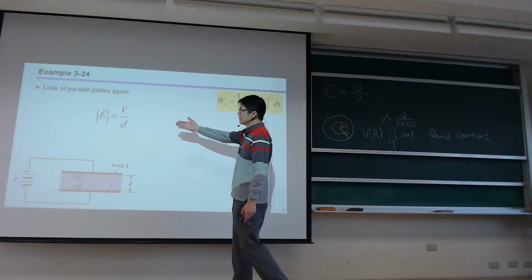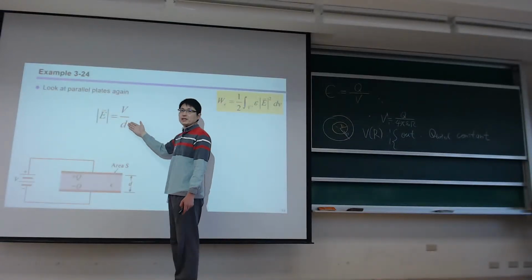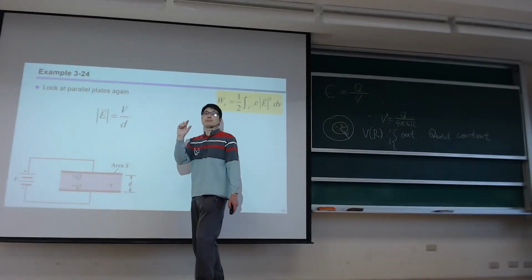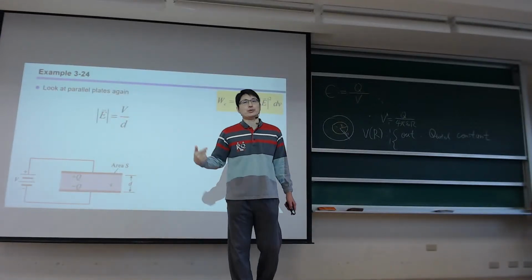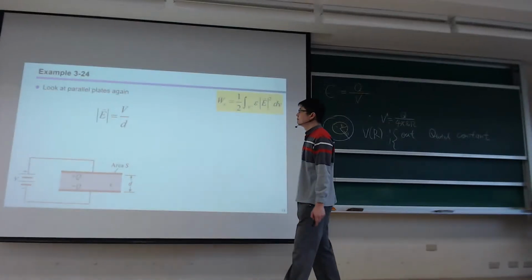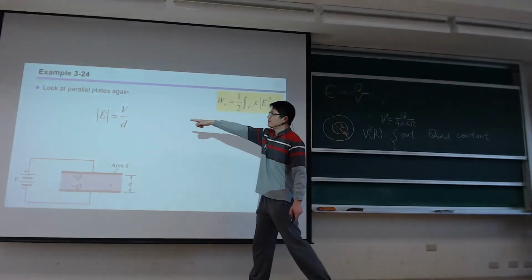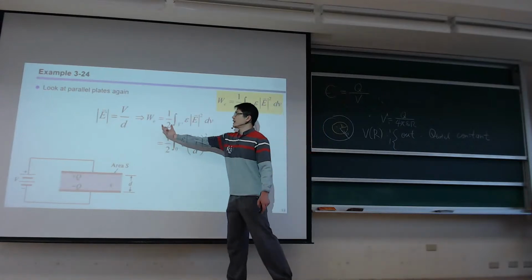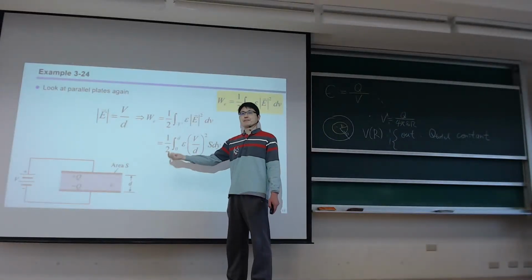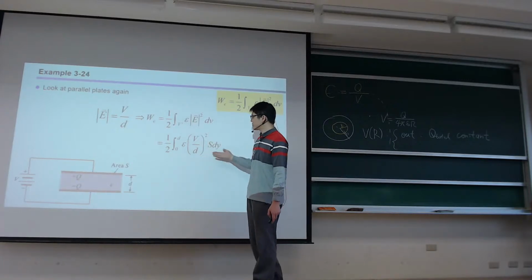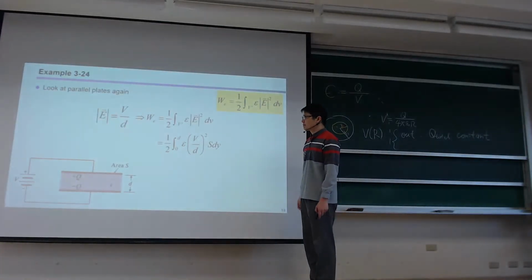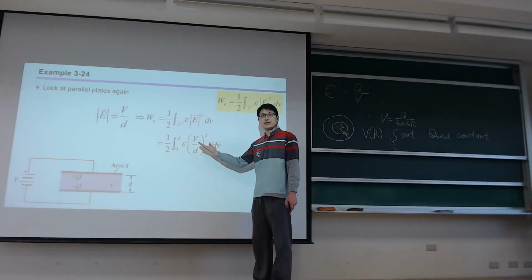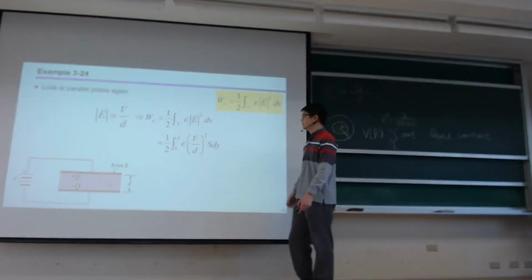And that field is V divided by D. V is the potential you apply, the potential supported by the battery. So we know the expression of E, let's put it there, right? The energy contained in this simple capacitor system is this, but the integration from 0 to D in y is simple, it's just multiplied by D.